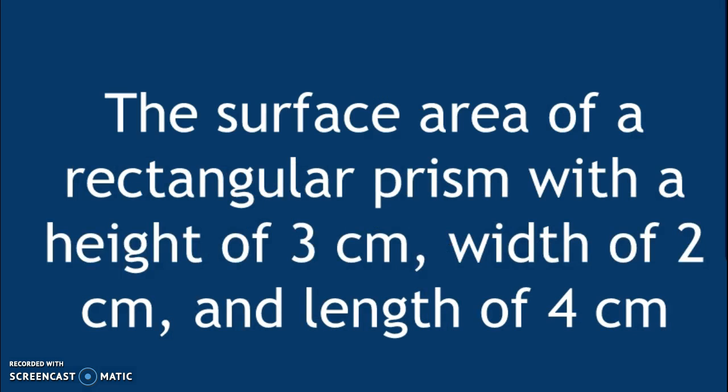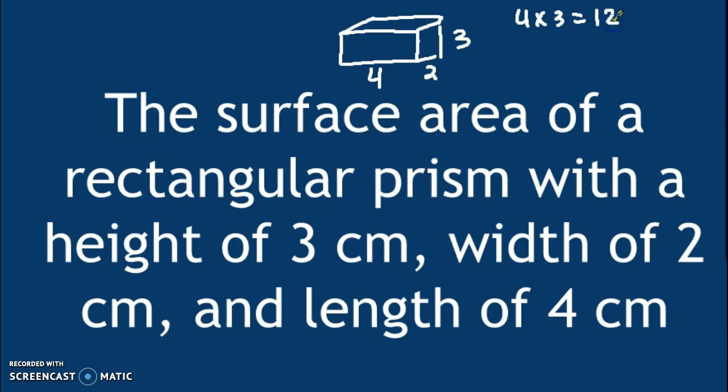The surface area of a rectangular prism with a height of 3, a width of 2, and a length of 4. So for this front rectangle, that's 4 times 3. And I have that in the front and the back.